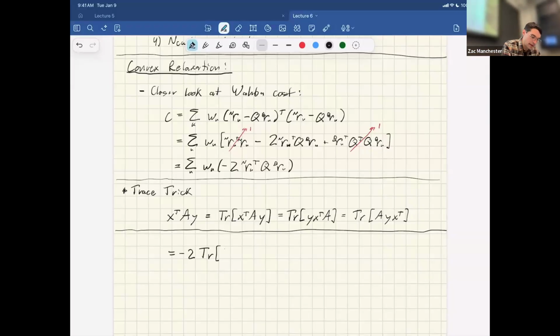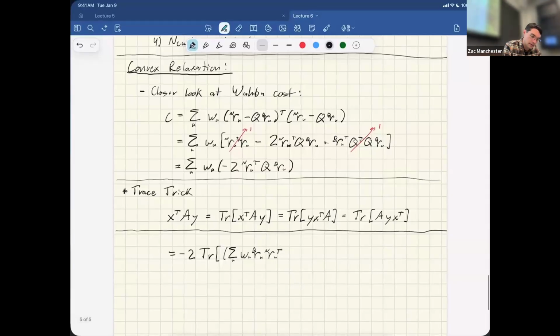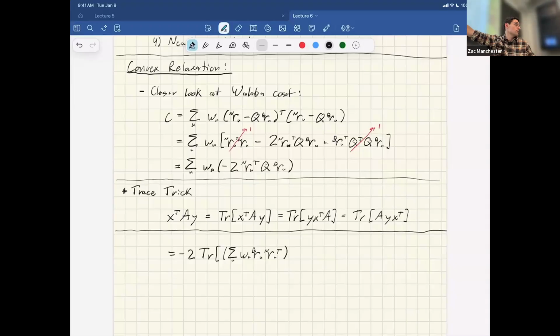So what I get from that is the sum with the weights, and then RB and RN transpose. I basically took the RB and moved it over to the left to be the first entry. And that's all the stuff that has indices on it. So all the sum stuff is in that parentheses. And then I've got the Q over here now.